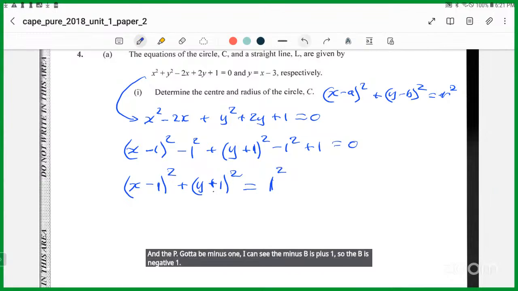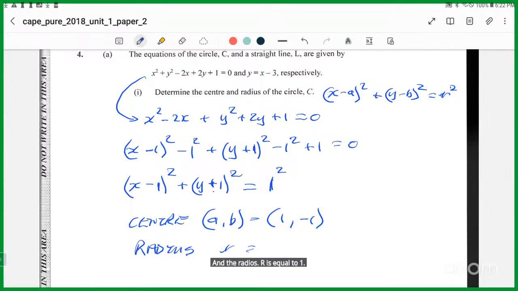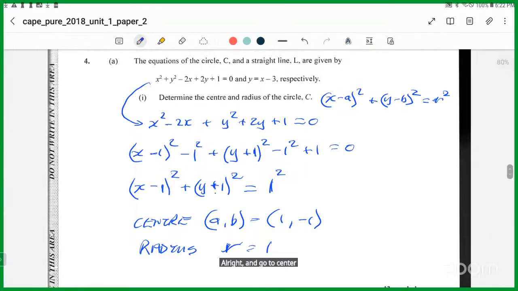So the centre is (a, b), which is (1, negative 1), and the radius r is equal to 1. That's the equation of that circle right there. Alright, and those are the centre and your radius.